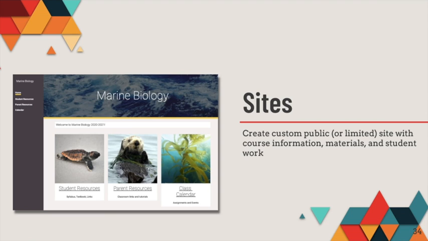You can make it limited to just people at our domain, or limited to only certain people. So I have my site set up so that only my students and their parents, whose email information I have taken, can view the site. And then it has links to the syllabus and the textbook and videos they need to watch.